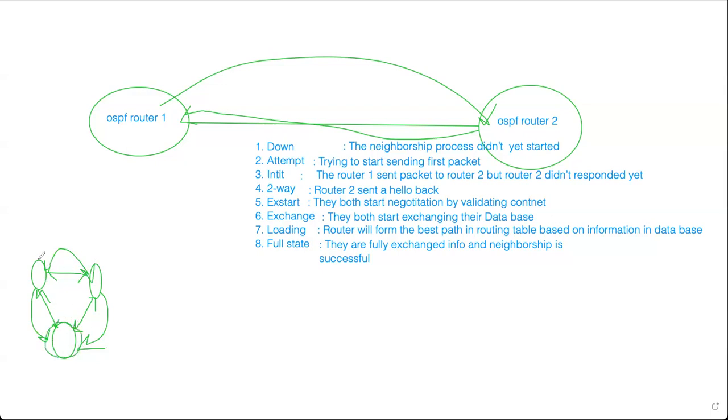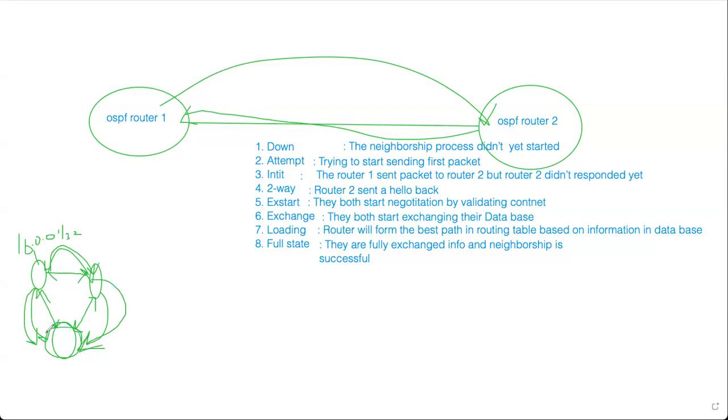So this router should know which one is the DR and which one is the BDR, because let's say it has a route of 10.0.0.0/32. This router sends it to this router, and the same route will be sent to this router, and this router will send it back to this router.